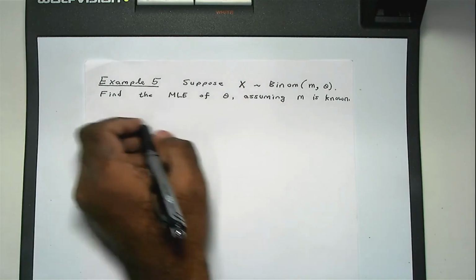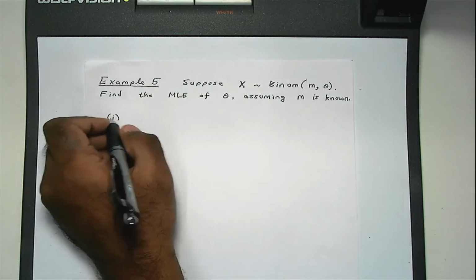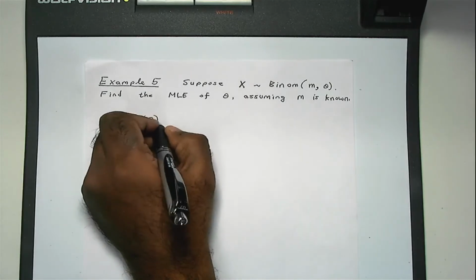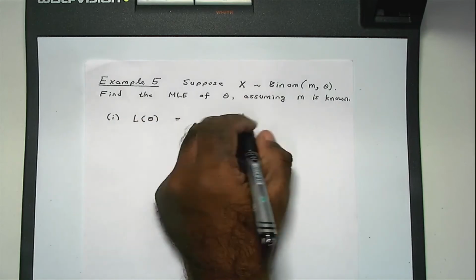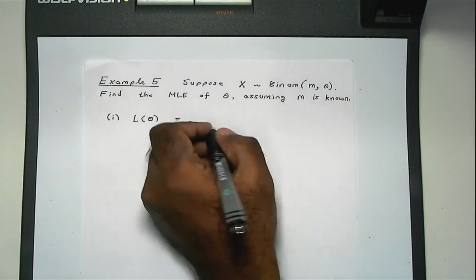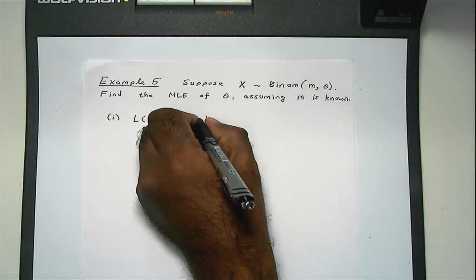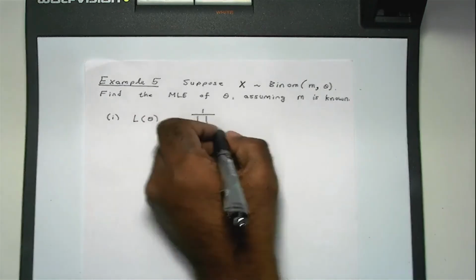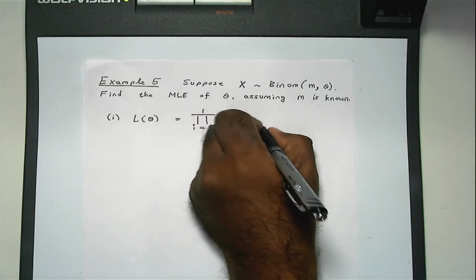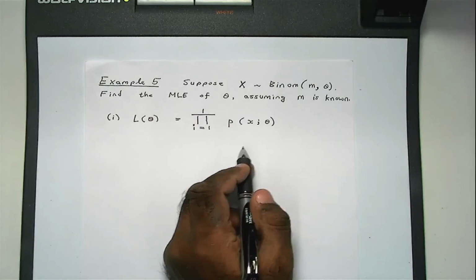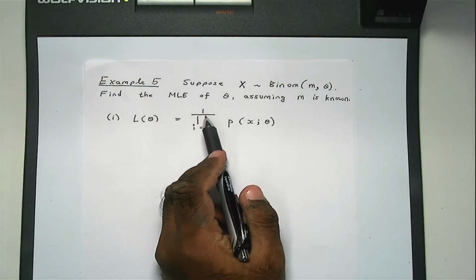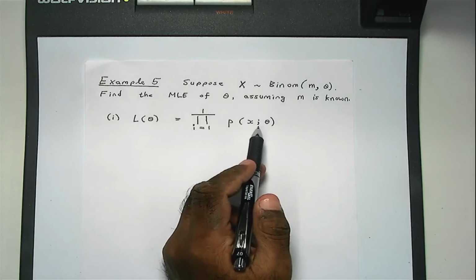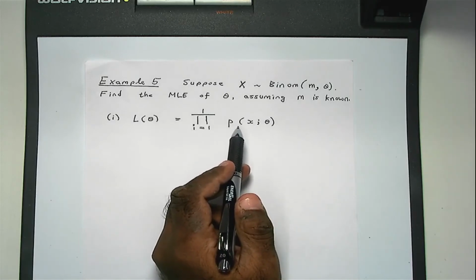So when you write down the first step, which is the likelihood function, you have to be a little careful, because usually for a discrete distribution, and the binomial is a discrete distribution, the likelihood is defined as the product from i equals 1 to n, and n in this case is 1, because you only have one data point, of p of x.